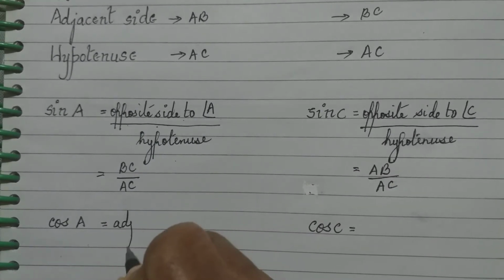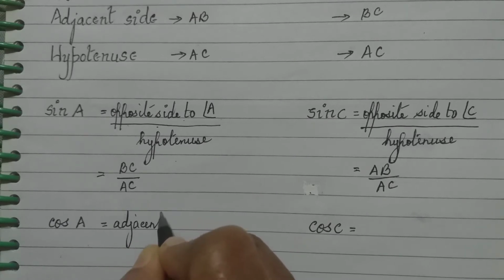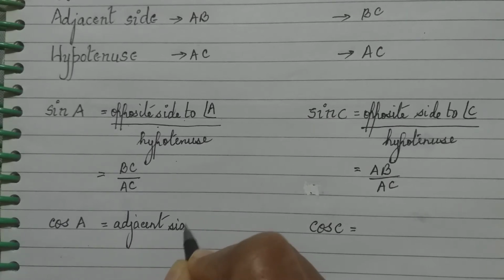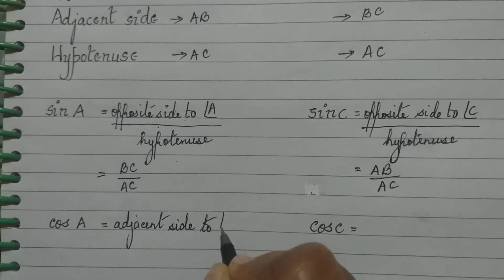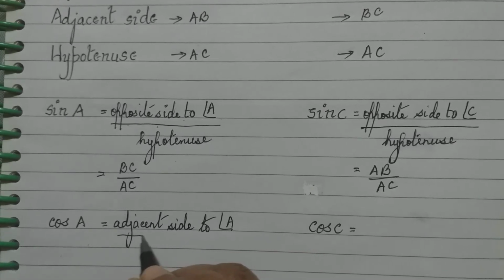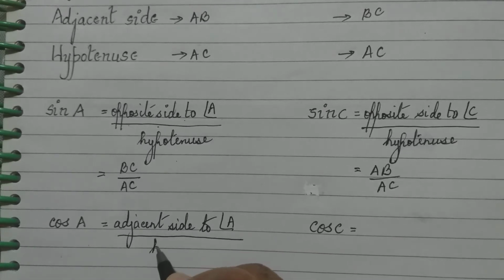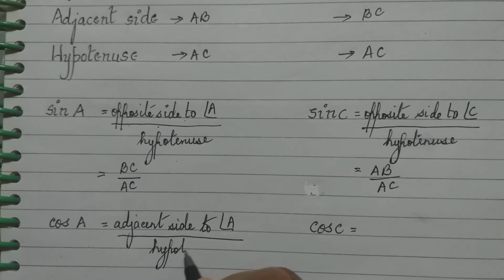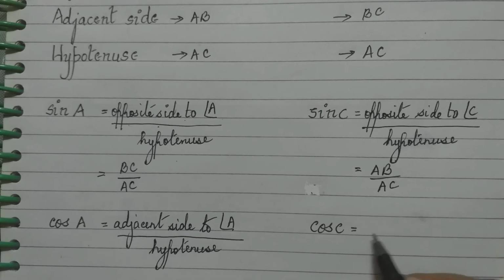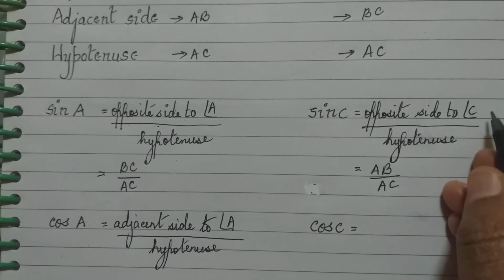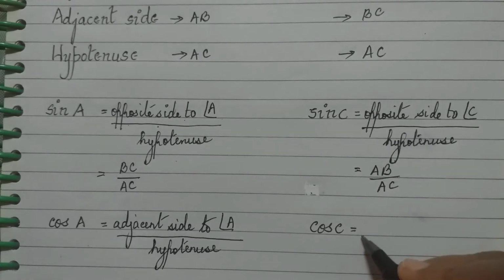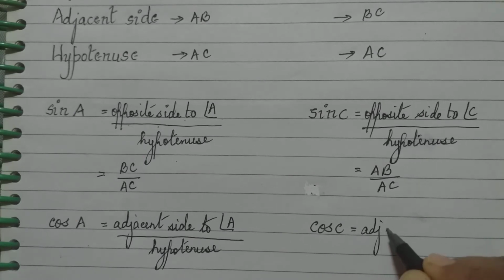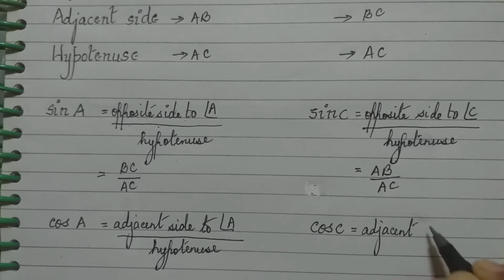So I write it here, adjacent side to angle A upon the hypotenuse. So on the right hand side, what will I write? This will be adjacent side to the angle here is C. So adjacent side to angle C upon the hypotenuse.